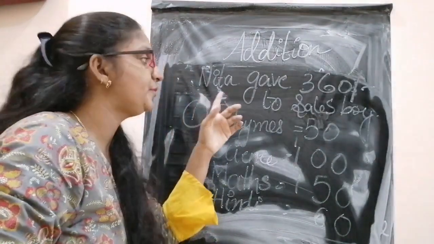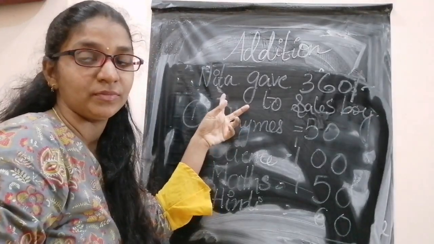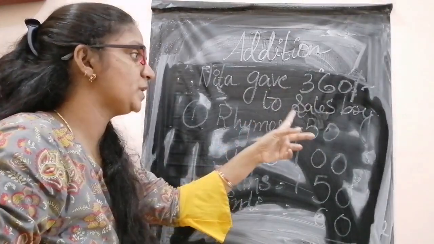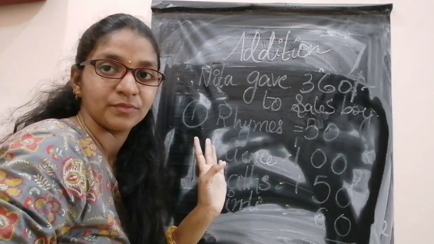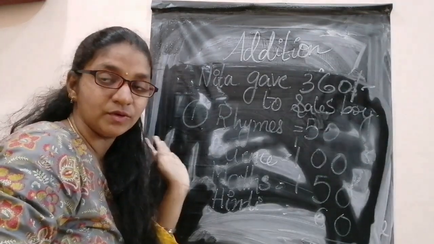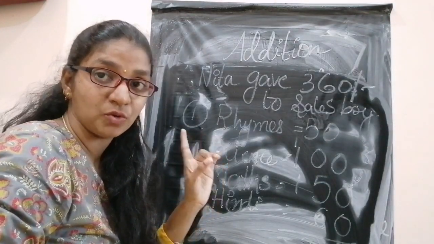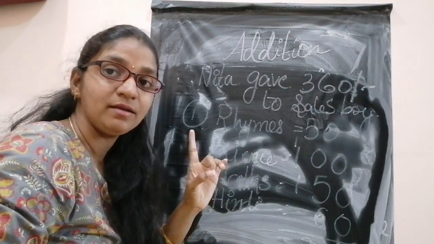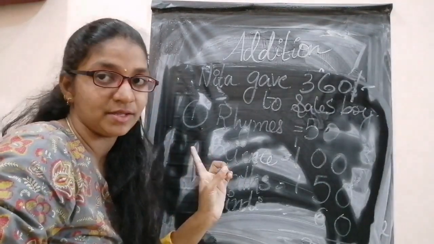At the end, the result sentence should come. Therefore, Nita gave 360 rupees to the salesperson. Understood? This is the way you have to do a word problem. First, you write the given sentences and then the final result sentence should come.